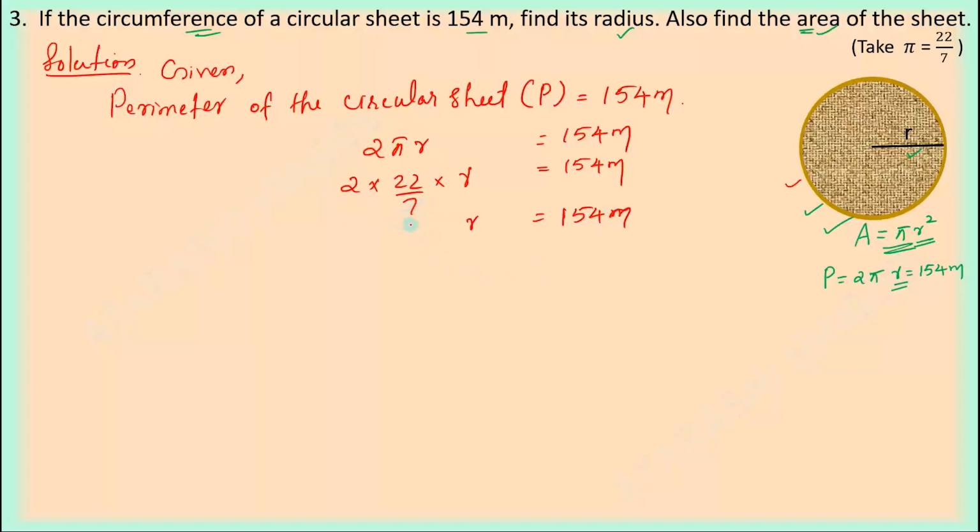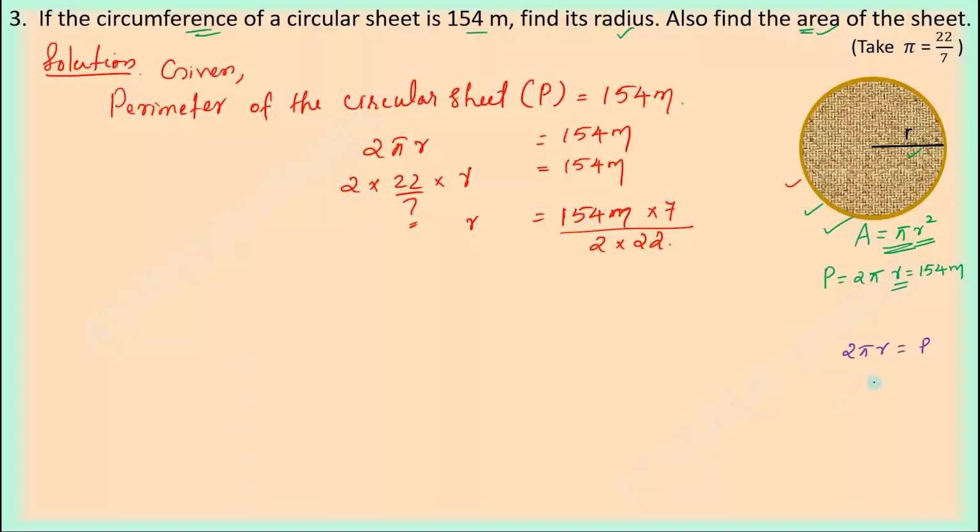Then since 7 is in the denominator, when we take 7 to the right hand side, it will be in the numerator, that is 154 meter into 7. Then 2 and 22 are in the numerator, so they will be in the denominator here, divided by 2 into 22.